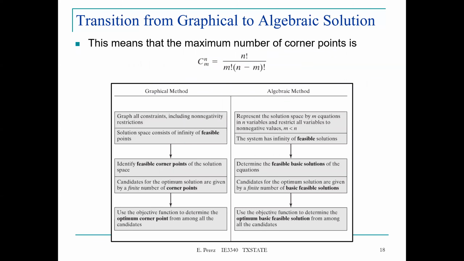So this means that the maximum number of corner points is going to be given by this equation, where m equals the number of rows and n equals the number of columns.